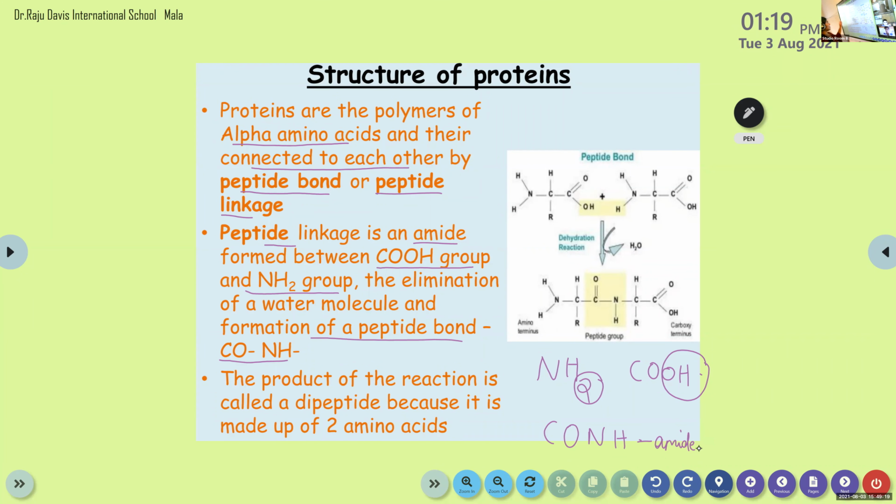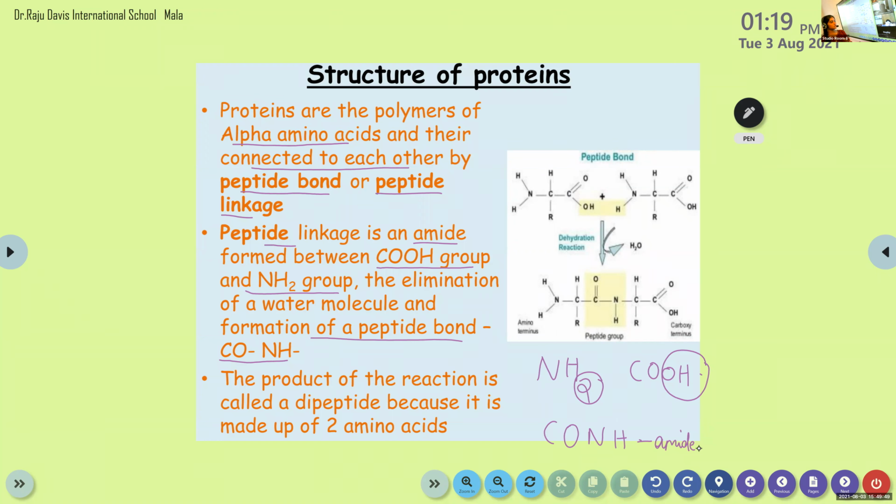Clear? Proteins are the polymers of alpha amino acids. That means alpha amino acids are joined together to form a large polymer, known as protein. These small amino acids are joined together by peptide bond or peptide linkage. This peptide linkage is the formation of an amide between carboxylic acid group and amino group. From this carboxylic acid and amine, one H2O molecule is eliminated.